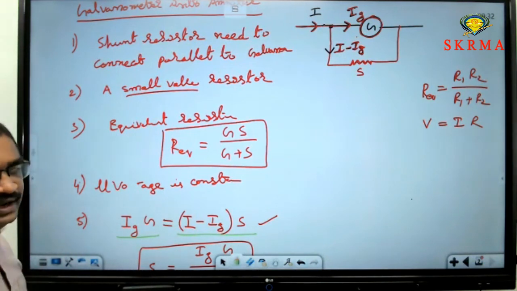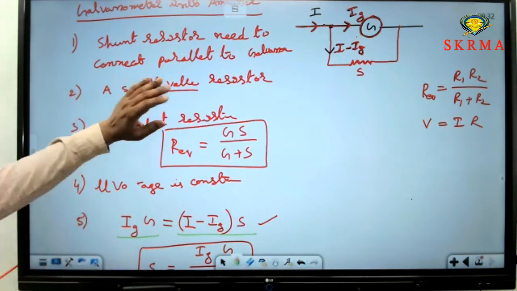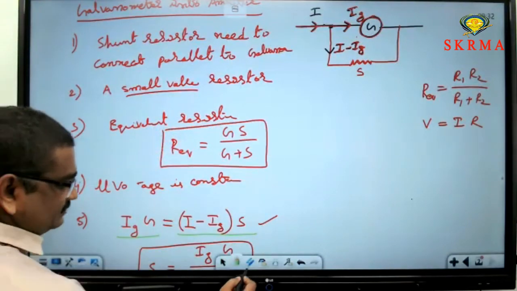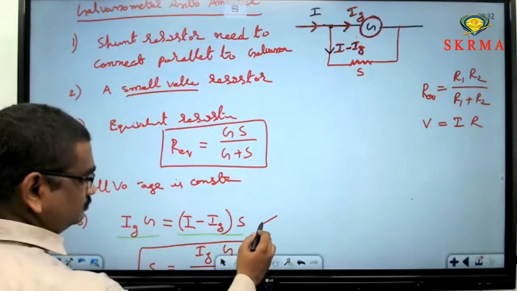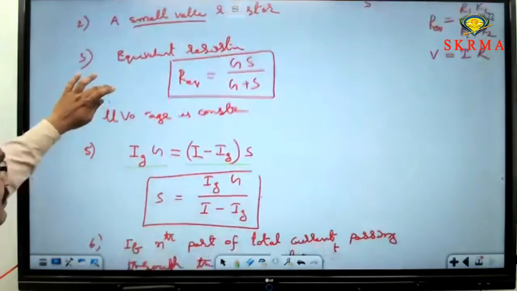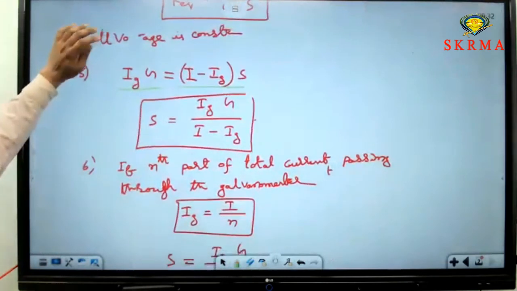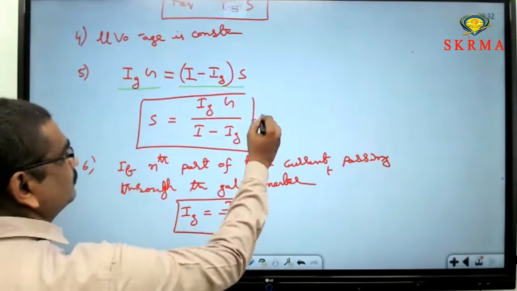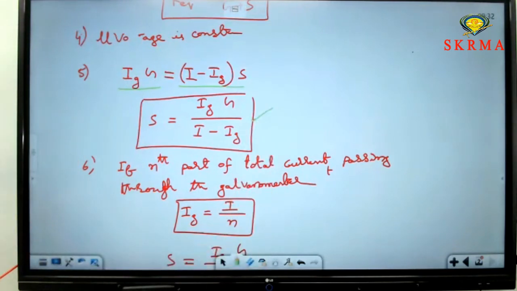Because these are connected in parallel, we need to equate the voltages. Next, rearrange the above equation for the shunt resistor S. Then you will get this equation.